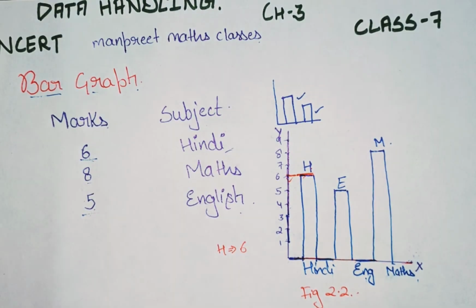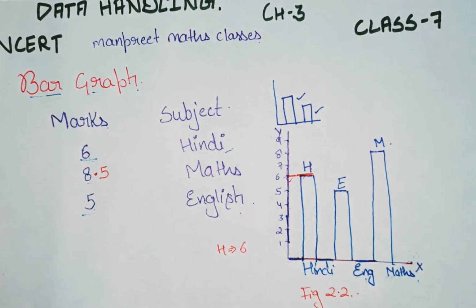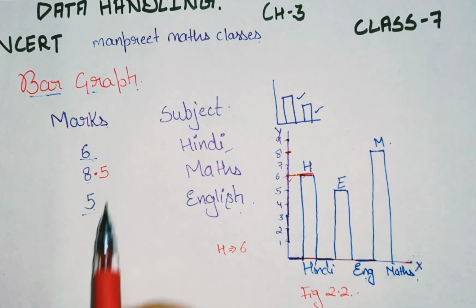Now this was the bar graph, how to draw it, how to plot the graph and how to read the given graph. Now the next thing: suppose the marks in maths would be 8.5, not 8. Where would we plot it? This is 8, this is 9, and 0.5 means half of that gap.